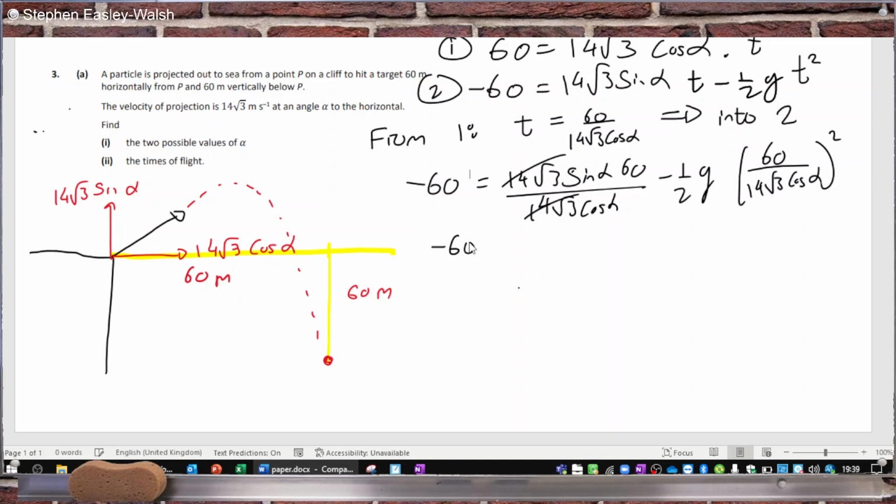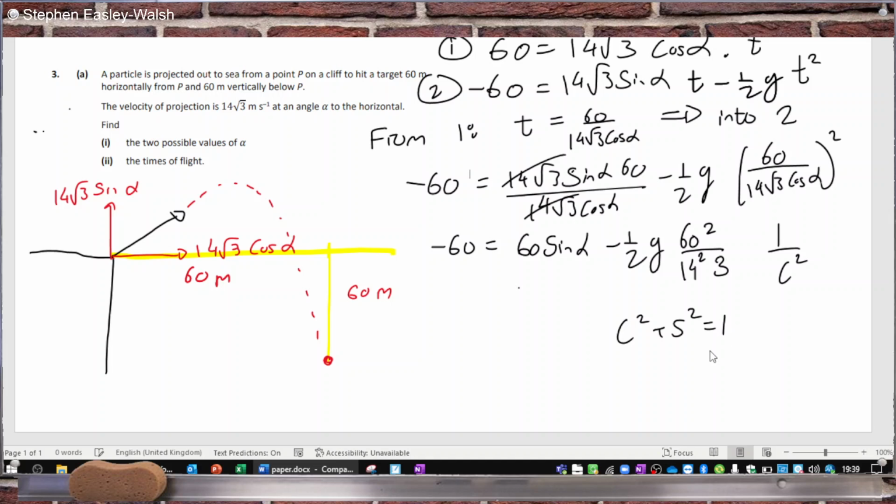So that's minus 60 equals 60 sine alpha minus a half g 60 squared over 14 squared times 3, and then this is 1 over cos squared. Now just remember, cos squared plus sine squared equals 1. If you divide by cos squared, you get 1 plus tan squared equals 1 over cos squared. So 1 over cos squared is the same as 1 plus tan squared.